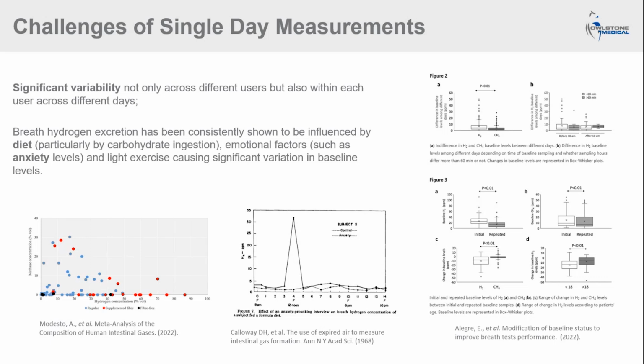So to better understand the real world conditions and the complex interactions of hydrogen and methane with these external factors, we really need to collect repeated measurements of hydrogen and methane, not just over a day, but over multiple days. And the analytical techniques that are currently used in HMBT challenge tests would be suitable for this. They're accurate and sensitive enough, but the costs of doing repeat measurements like this would make longitudinal analysis extremely expensive.